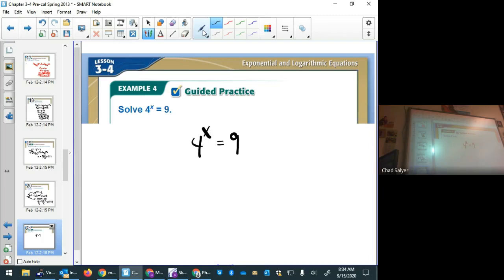Matt, rewrite that with change of base. Make sure you consider that in both cases, this is log base 4.